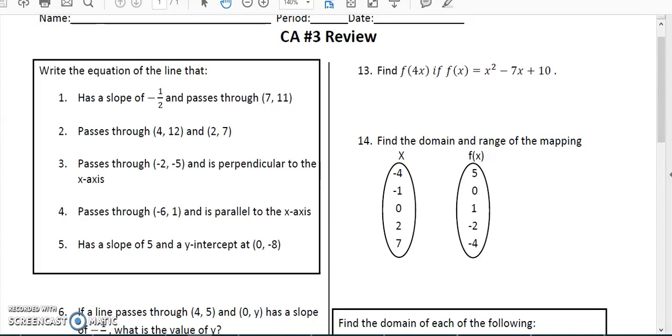Write the equation of the line that has slope of negative 1/2 and passes through the point (7, 11). So obviously, we could do a point-slope equation for this line: y minus y1 equals m times x minus x1.